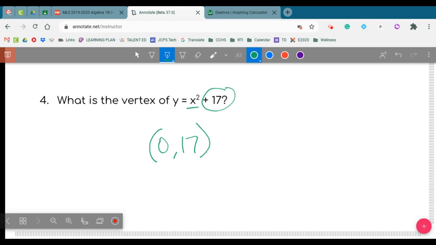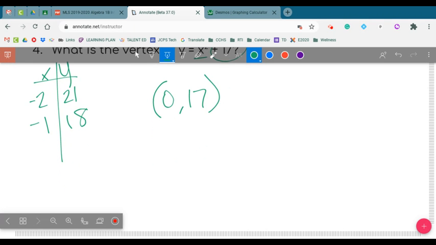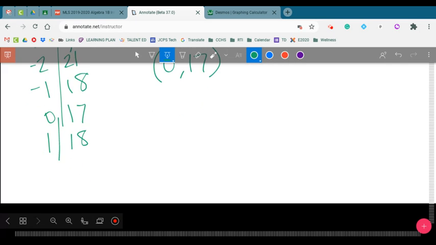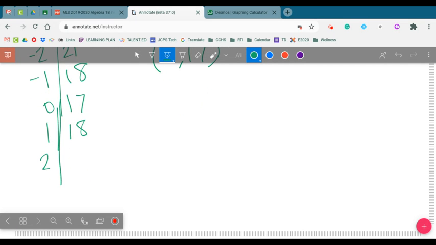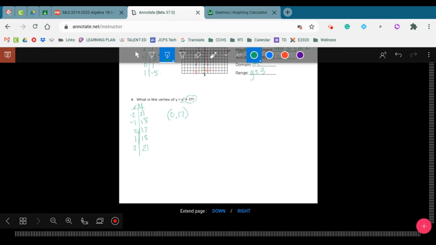So if you look at it on your table, it goes 33, 26, 21, 18, 17. So that change in direction is where our vertex is. And then it goes back up to 18 and then back up to 21. Okay, let me know if you have any questions on those.